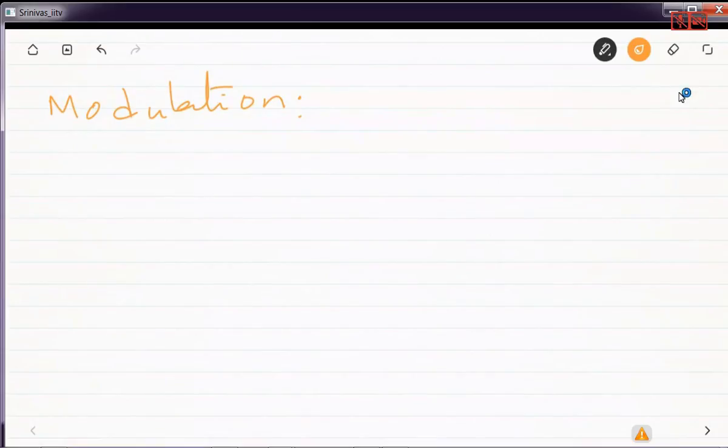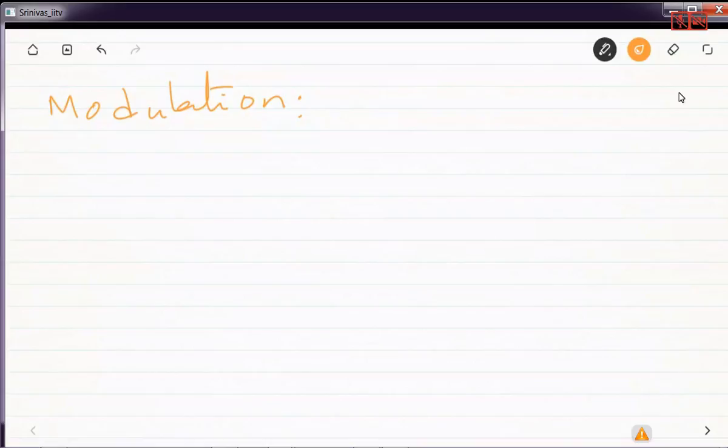If you go and see your notes from the last class, modulation is nothing but varying one of the parameters of a high frequency signal in accordance with the information signal to be transmitted. So a high frequency signal will carry the information.